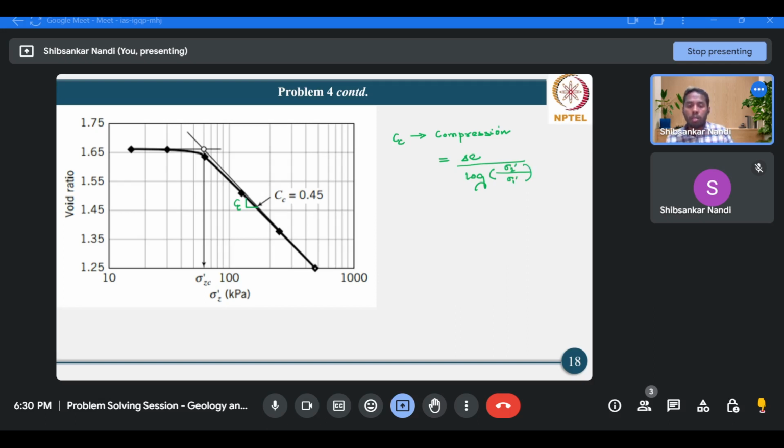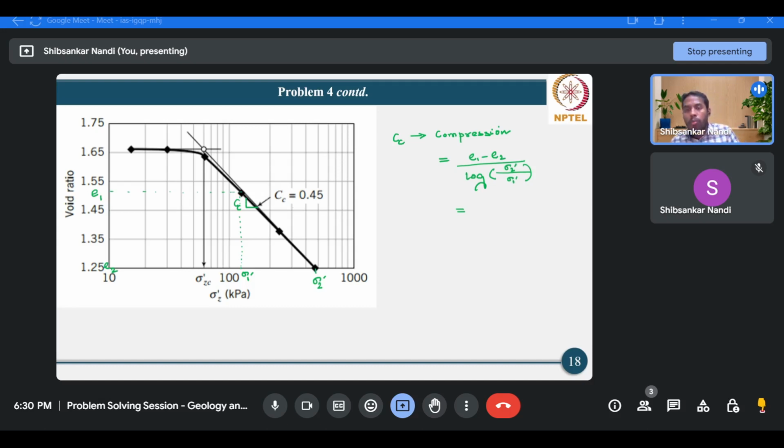So suppose this is your sigma 2 prime and this is your sigma 1 prime, and this is your E1 and this is your E2. So therefore this value would be E1 minus E2 divided by log of sigma 2 prime by sigma 1 prime.